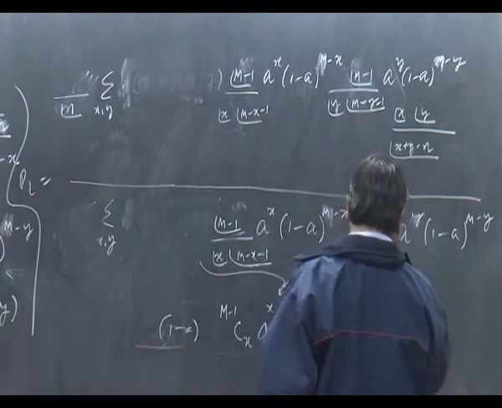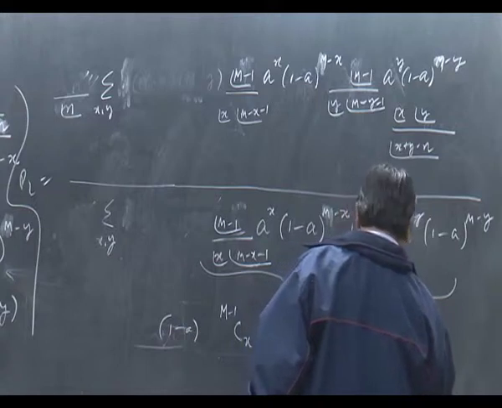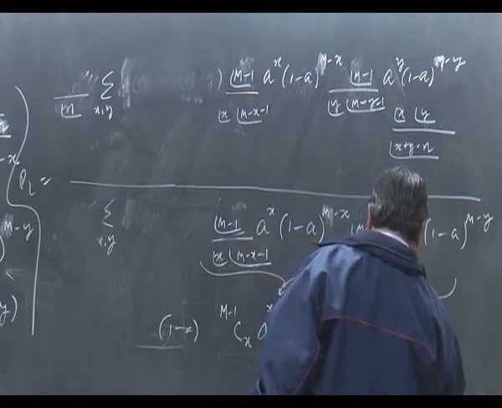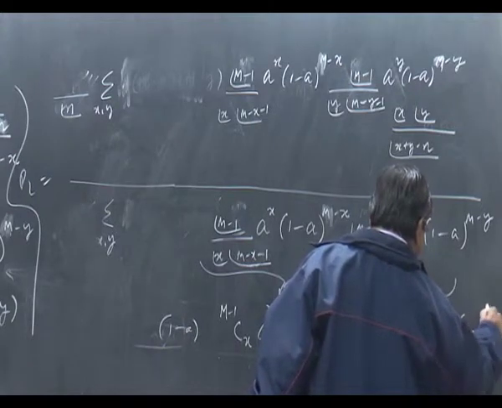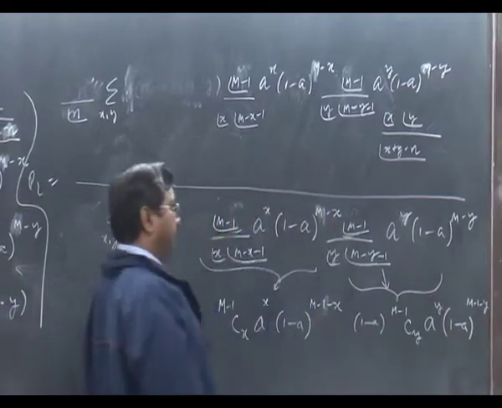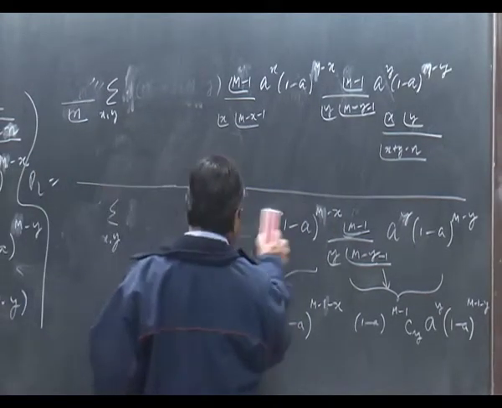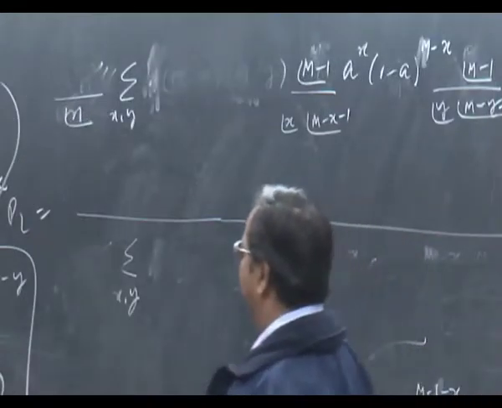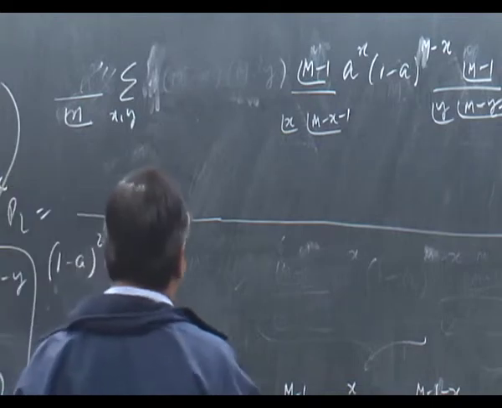Similarly for this I can also write 1 minus a m minus 1 c of y. So I can very well replace this whole thing, and 1 minus a square can be taken out.